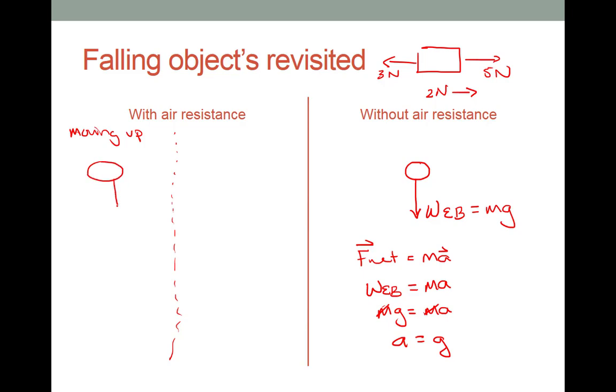We still have gravity pulling downward, so that's weight of Earth on ball. And remember, in this case, the velocity is upward. Air resistance, being a type of friction, will be opposite, so the friction from the air on the ball will point downward. So in this case, I have F net equals ma. And I'm going to rewrite the net force in terms of the forces acting on the object.